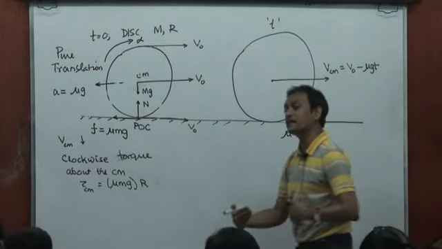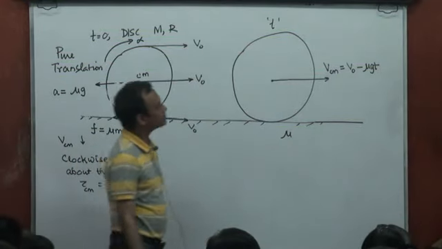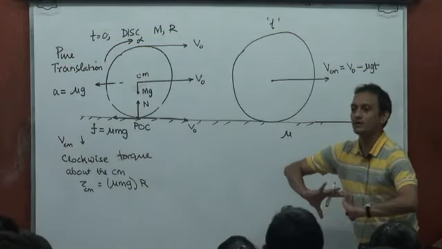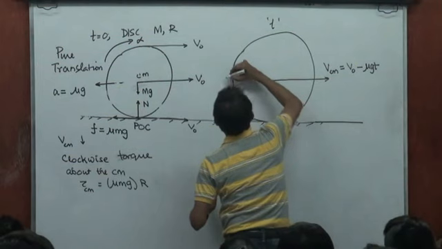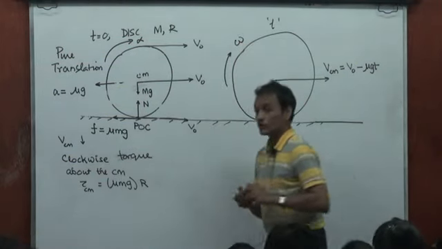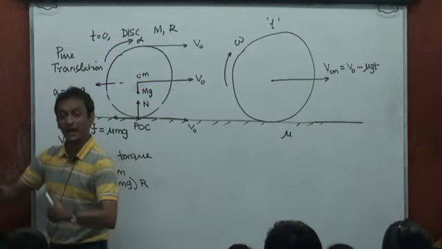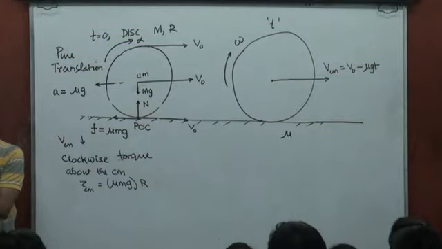Clear? And there is going to be a clockwise omega that would develop, where omega would be initial omega plus alpha t, omega equal to omega naught plus alpha t.